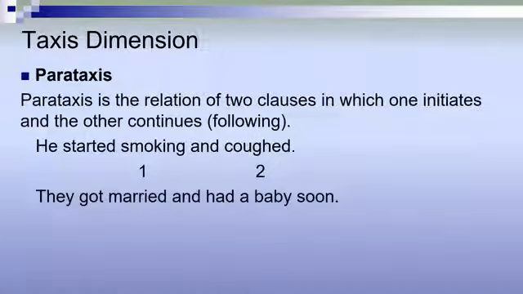Another example, they got married and had a baby soon. So they got married is the first and had a baby is the second. So smoking initiates and coughing follows. Marrying initiates and having a baby follows.